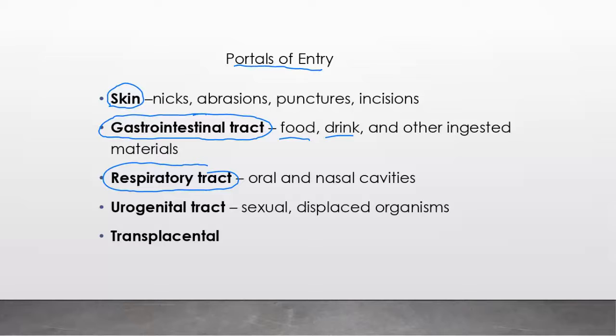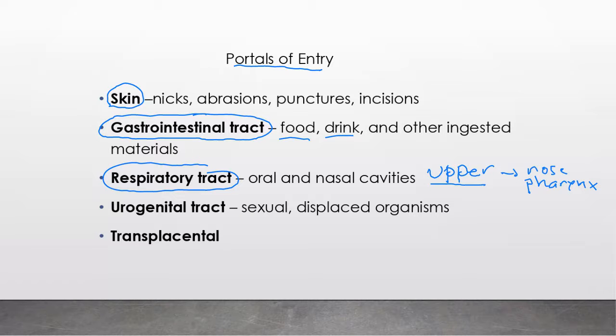The next one will be the respiratory tract. This is especially the upper respiratory tract, like the nose and pharynx. This is the part of the respiratory tract that becomes the portal of entry of some microorganisms.